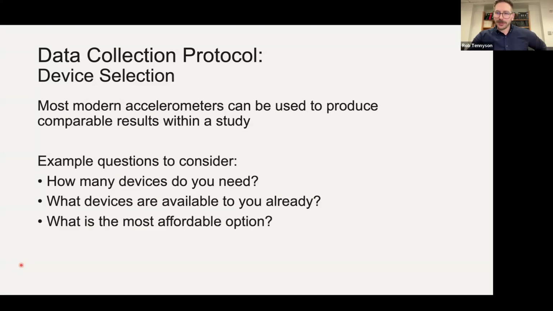And then, what is the most affordable option? In general, price can be one of the biggest hurdles. I can speak from experience on this when it comes to getting accelerometer data, which is why you'll see some of the labs that keep pumping out actigraphy results or accelerometry data often use the same devices for a long period of time, until they pretty much die.